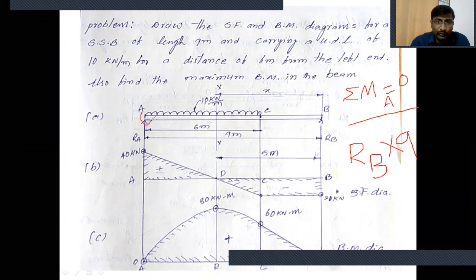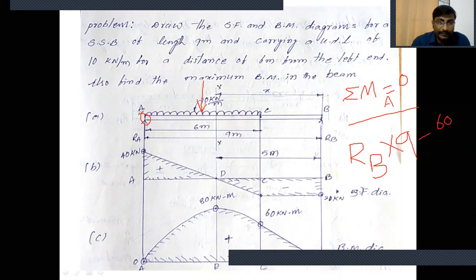Taking the moment at point A, RB into the perpendicular distance, which acts in the anti-clockwise direction, is positive: RB into 9. Minus the load: 10 per meter over 6 meters, the total load is 60. The total 60 kilonewtons load is concentrated at the center of gravity of this UDL, which is at the center of the UDL.